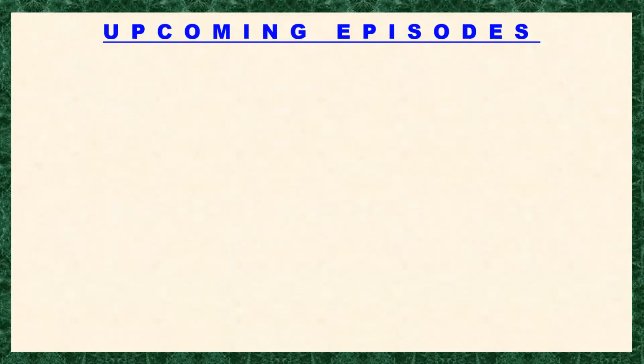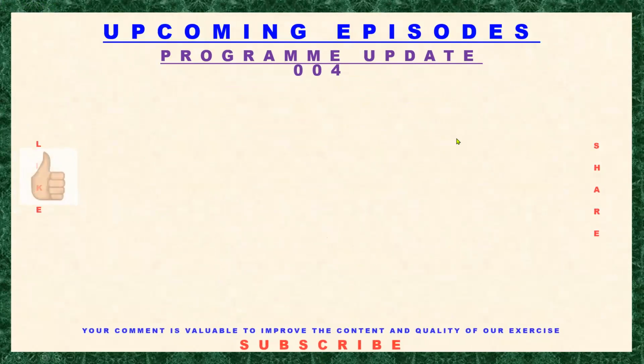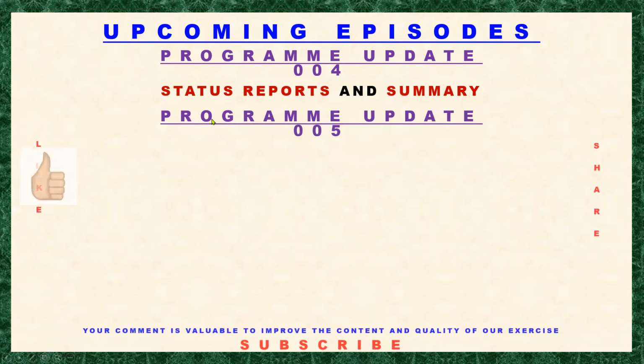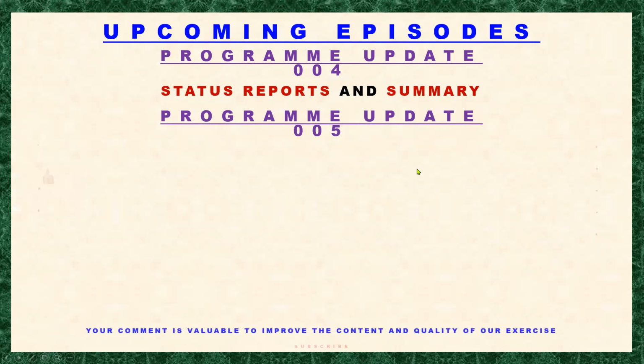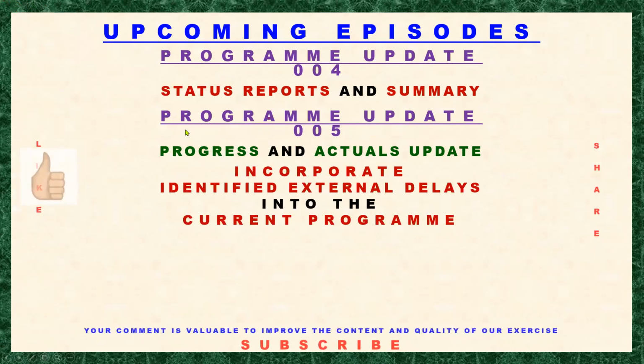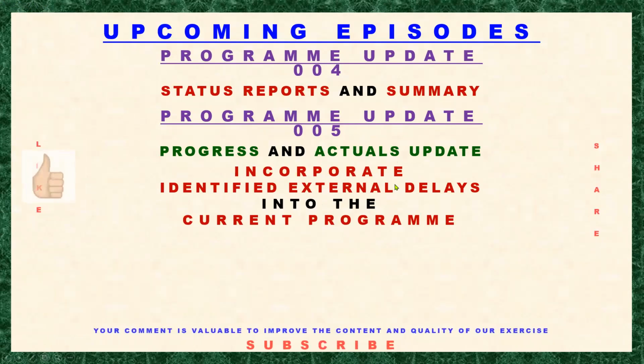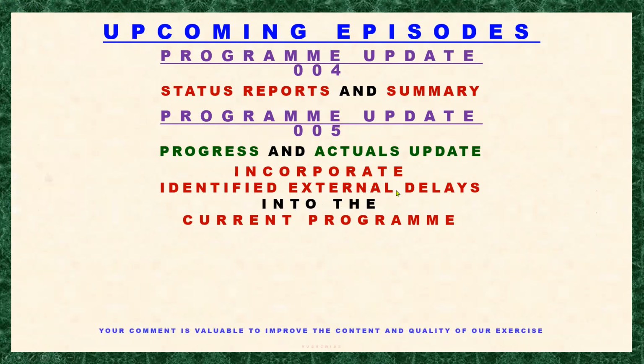Our coming episode is Program Update 004 continuation, status reports and summary. And then we will be moving to Program Update 005. This is a routine process: progress and actual update, incorporating identified external delays. But this time, we will be assuming a scenario for the external delays where both the owner and the contractor are not responsible for the delay.